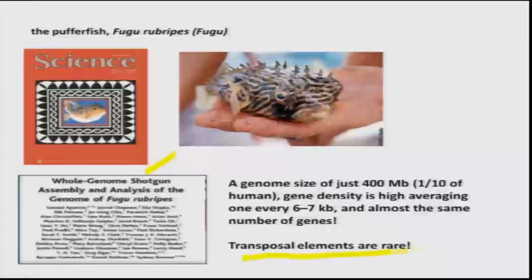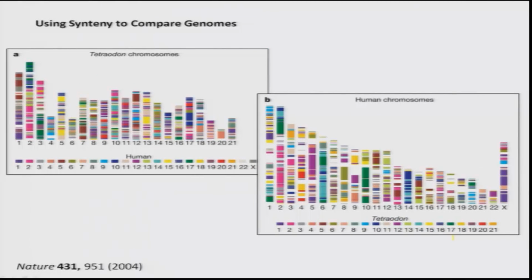So as I told you, this fish has very few transposable elements in the genome, and probably that could be one of the reasons why it is able to keep the gene density very high. Okay. So there are many studies one can look into. I have given you another example of how this pufferfish helped in understanding SOX9 control elements.